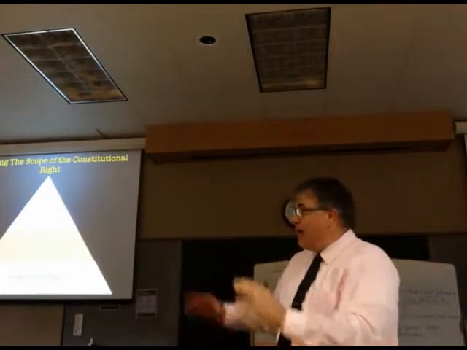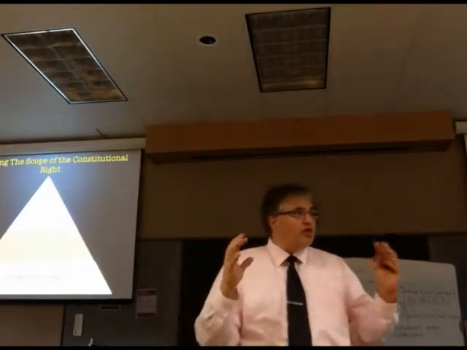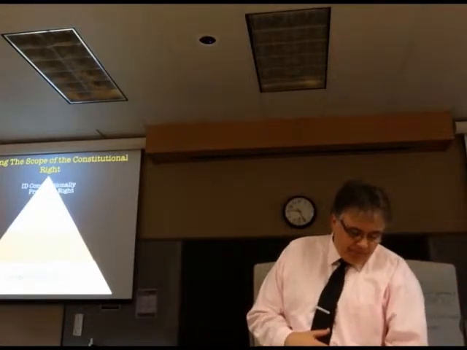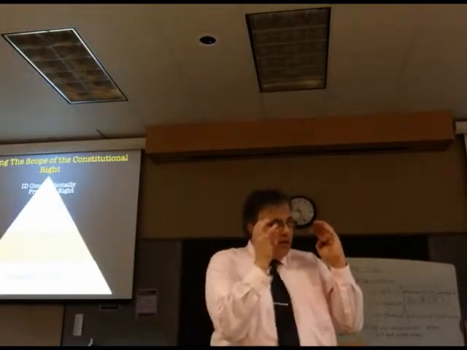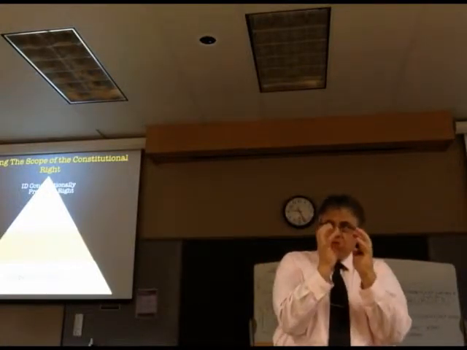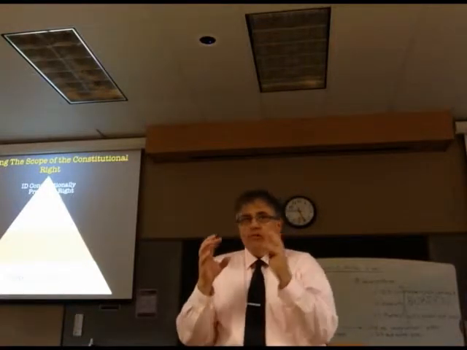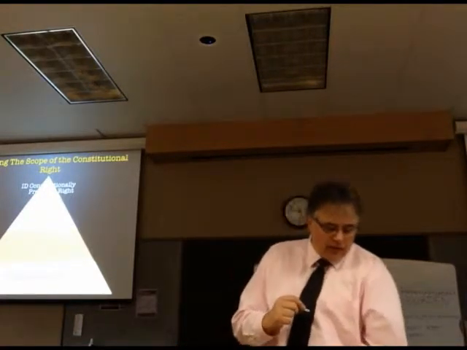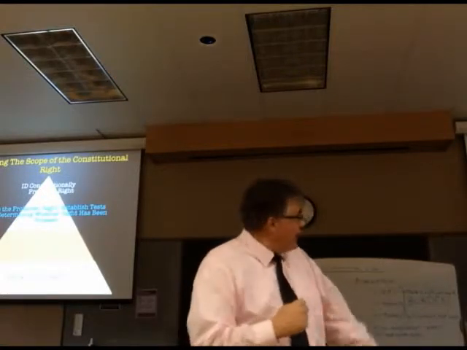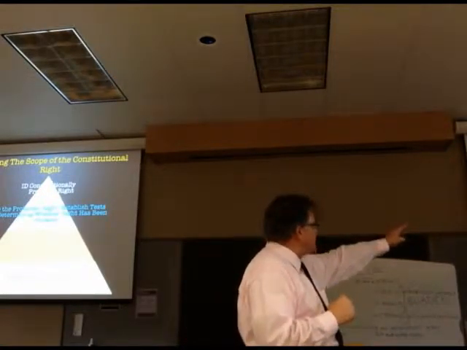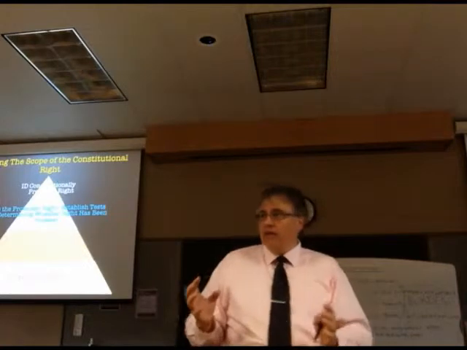But you think about it, at the bottom of the pyramid, you have the scope of the right. The most important cases identify the constitutional right and tell us what it is. But just identifying the constitutional right in and of itself is not sufficient. I've got to establish a test for determining whether the right has been violated.